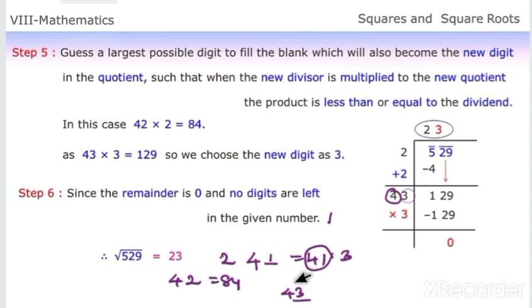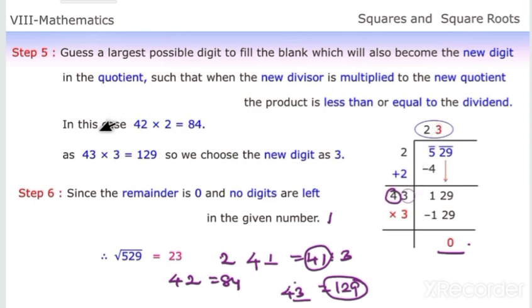Now multiply 3 into 43, and you will get 129. This is exactly what we have in the previous remainder. So subtract 129 minus 129, and you get 0. The remainder is 0, so we have found the square root of 529, which is 23.